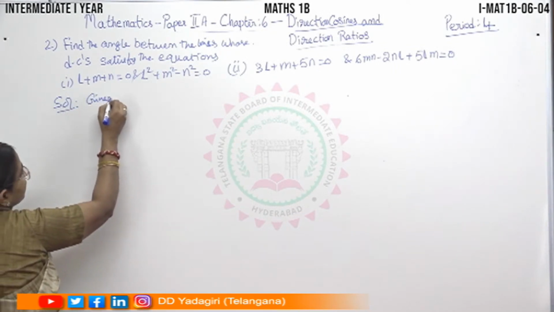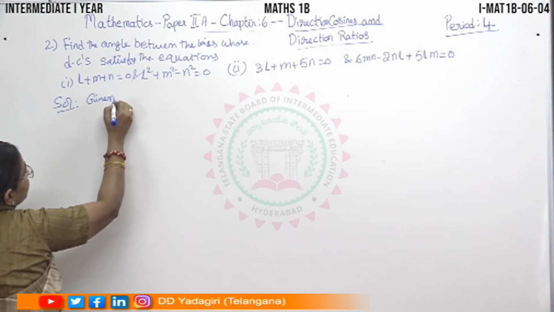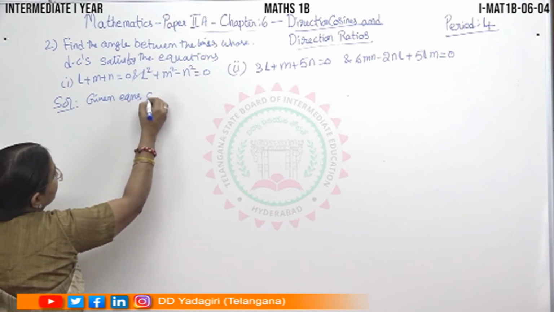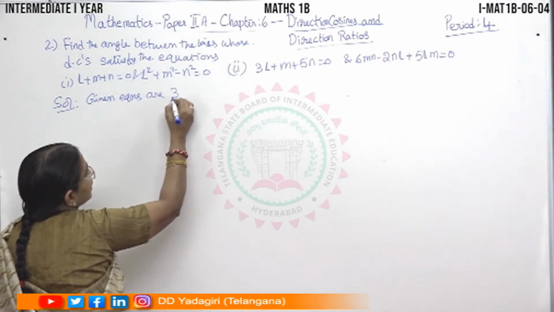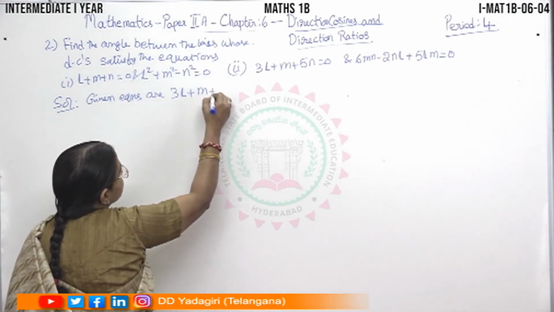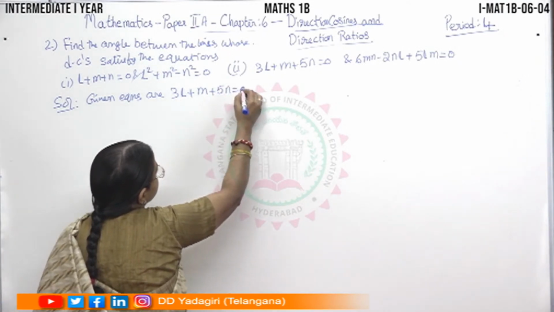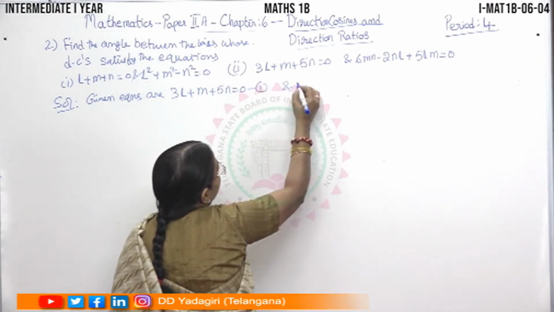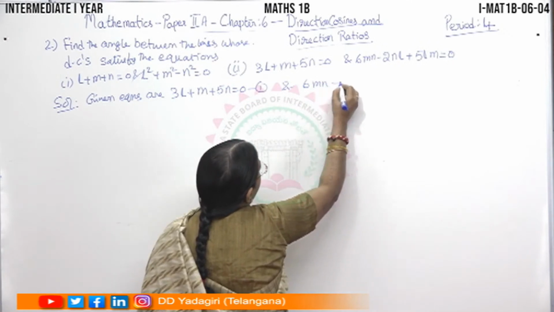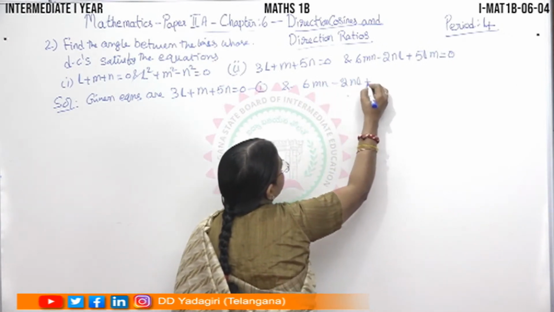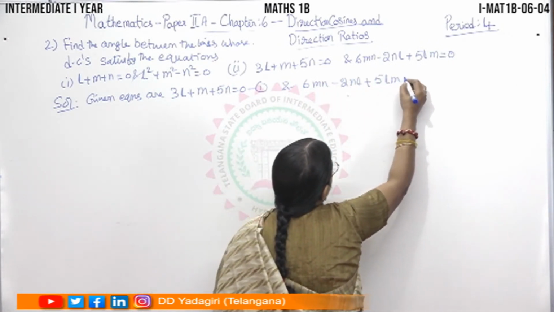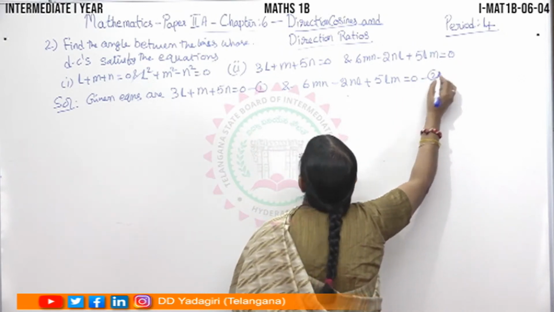First we'll take the equations. Given equations are 3L plus M plus 5N is equal to 0. This is the first equation. And 6MN minus 2NL plus 5LM is equal to 0. Second equation.